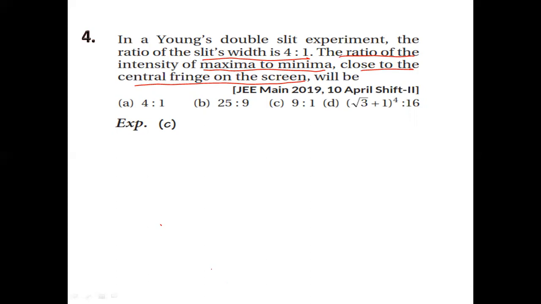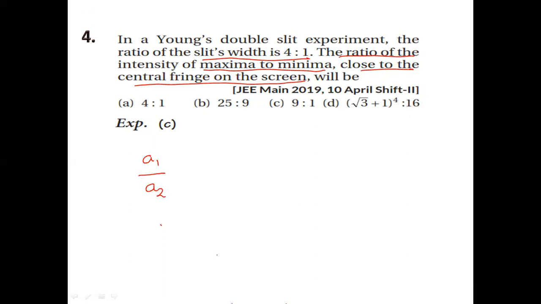Now you can see it depends upon the width of the slit. The amplitude is directly proportional to slit width. So they gave that. Let us consider amplitudes are A1 and A2.